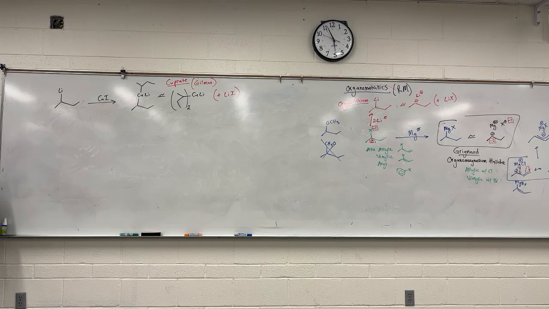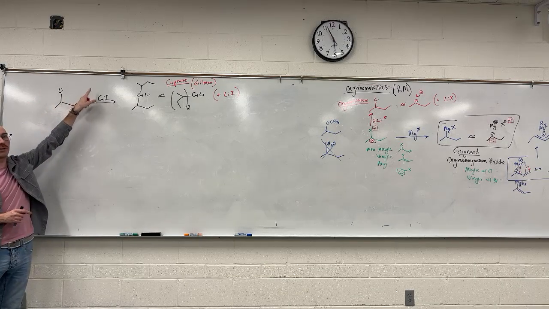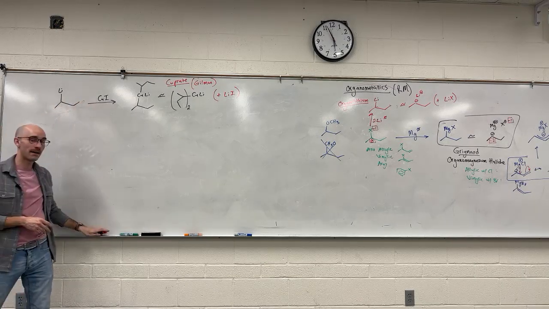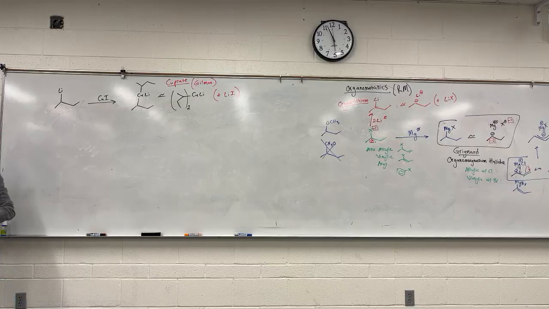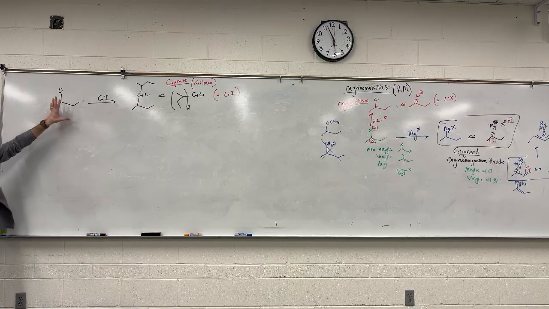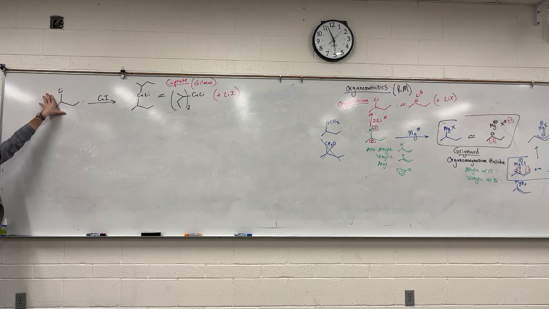If we were to accurately show the stoichiometry, we would say 2 equivalences of organolithium react with 1 equivalence of copper iodide. I hate to break it to you, but most people consider this to be the stoichiometric 1. So we're not going to write this as 2.